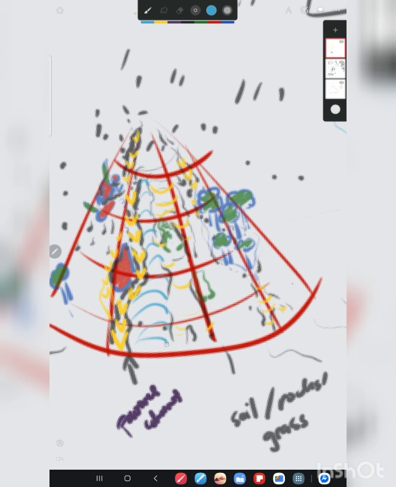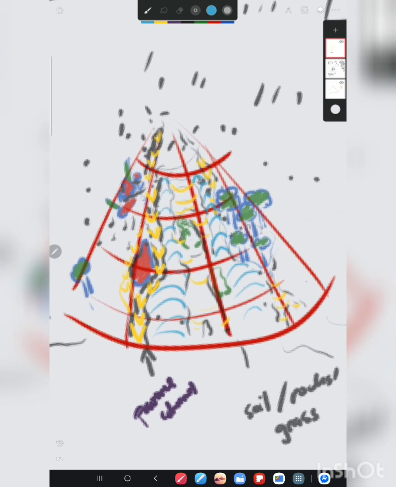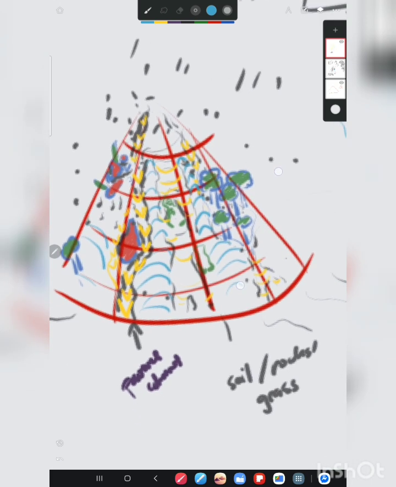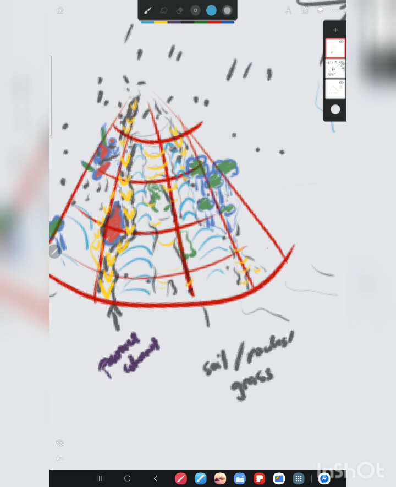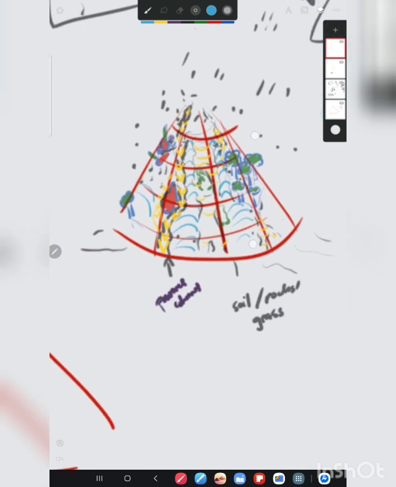Pero over, it's nothing for a day or a week, but centuries. We're talking about centuries. And so eventually this mountain is going to look like this.